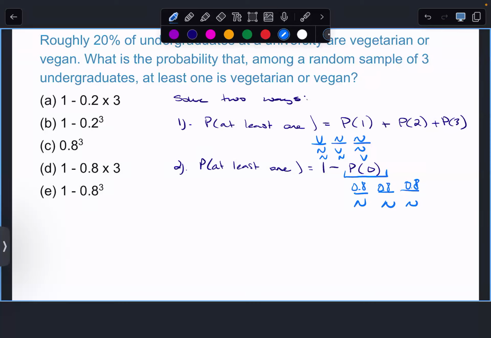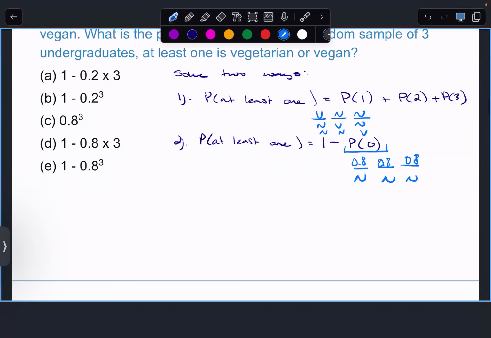Which means that I have the probability of at least 1 is 1 minus 0.8 to the power of 3. Now you can look at the options and find that the last one is the one you wanted, right? Which is how I want you solving multiple choice problems, right? Any questions about that one?